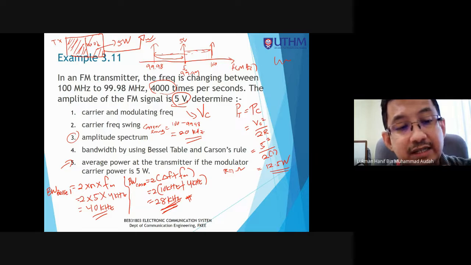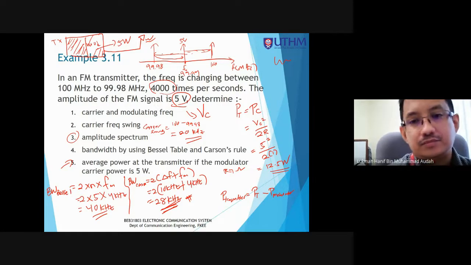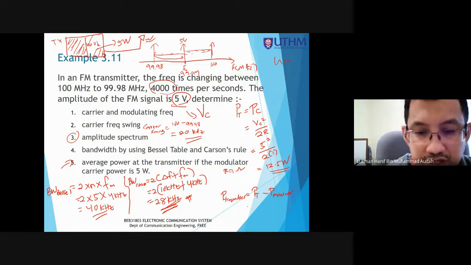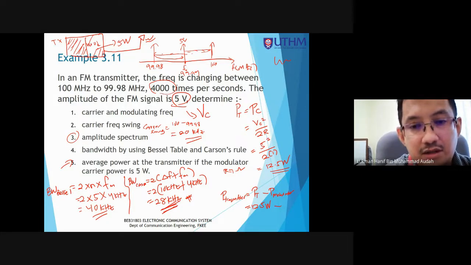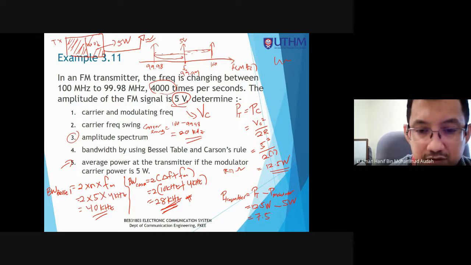How much power is produced apart from this modulator? Therefore P transmitter is equal to P total minus P modulator. So 12.5 that we get from the total power minus the modulated carrier power, which is 5 watt. So we get here 7.5 watt.